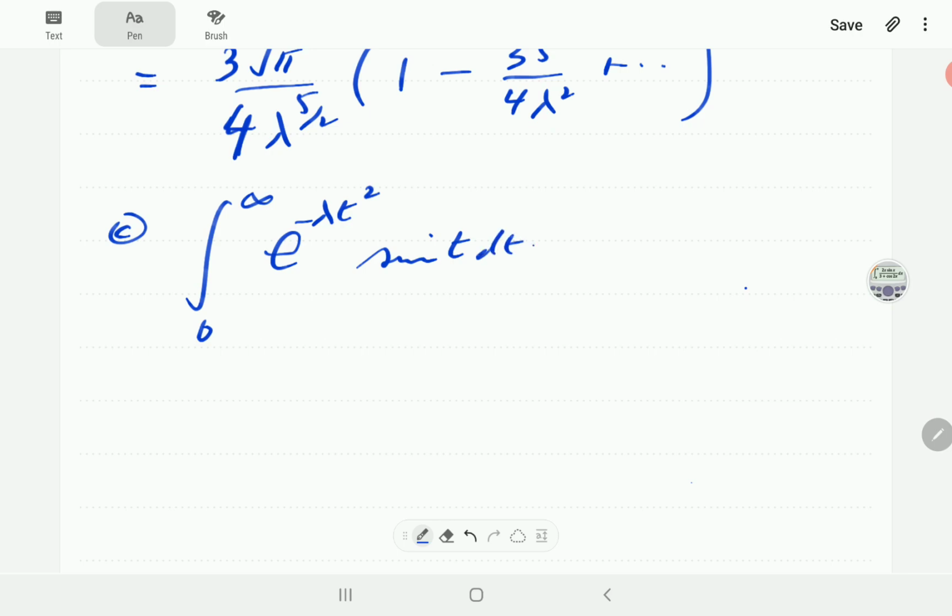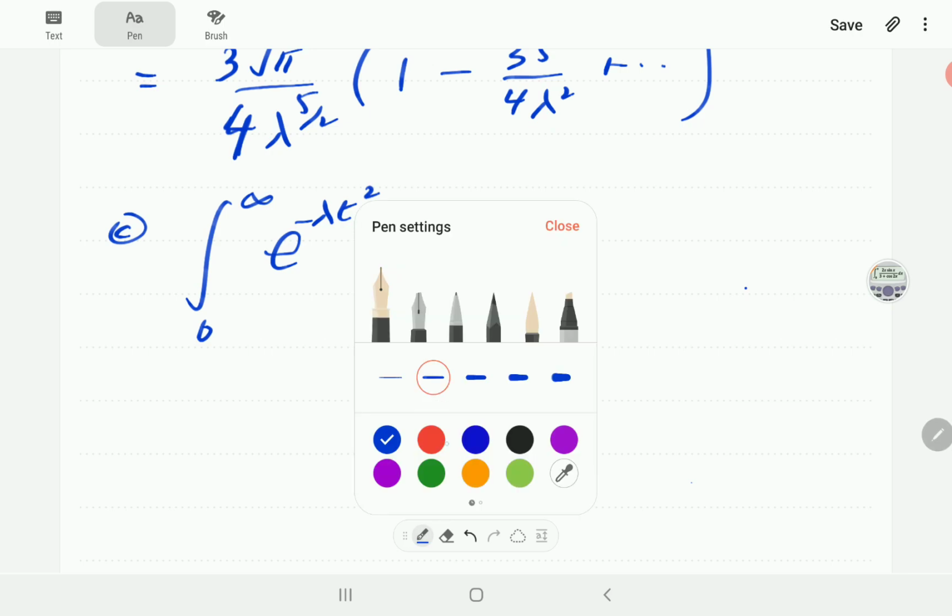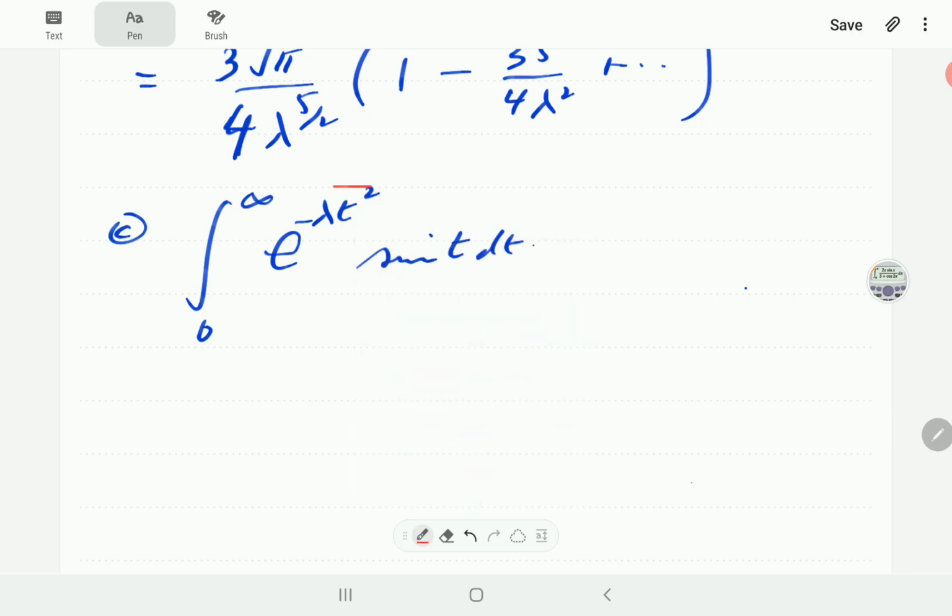So first thing with this integral is the fact that it's not quite in your standard Watson's lemma form because of this being t squared. Okay, so what we're going to have to do is deal with that first.